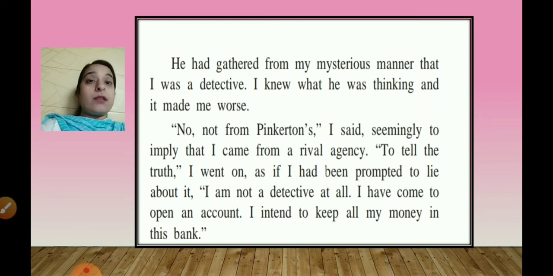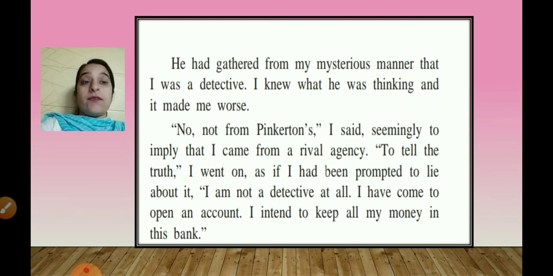So children, why did the manager feel that the narrator was a detective? Because he behaved in such a manner, asking whether he could see him alone. So the manager was very worried and tense about whether the narrator was a detective. And then the narrator told him that he was not from Pinkerton's, seemingly implying that he came from a rival agency, that is, from competitors.